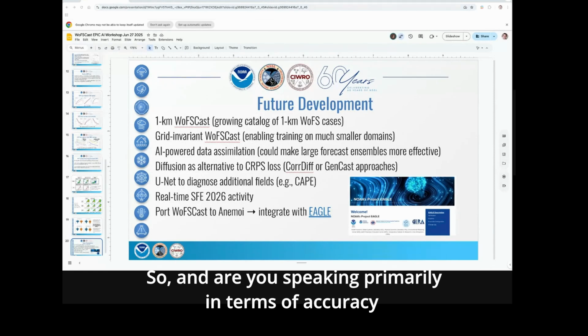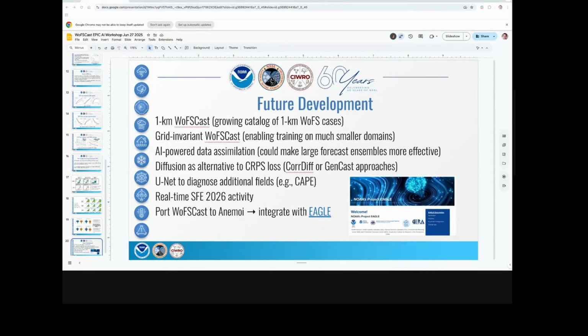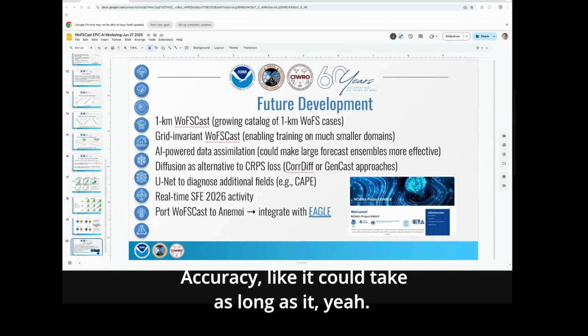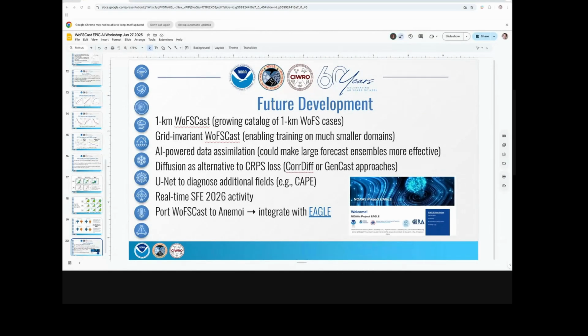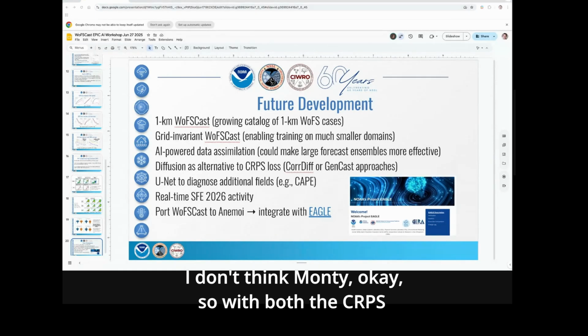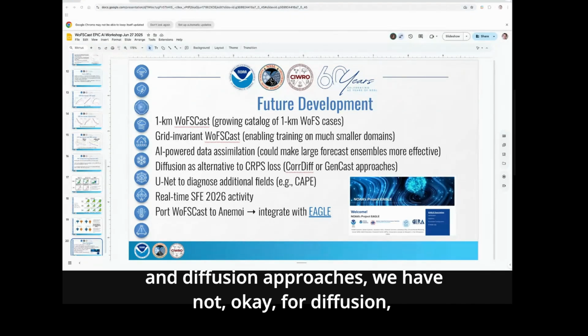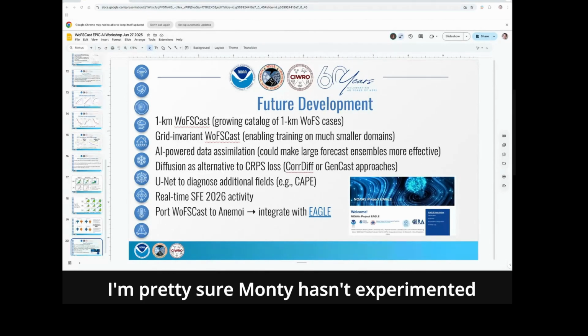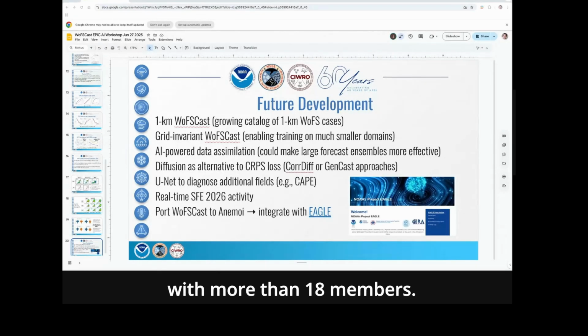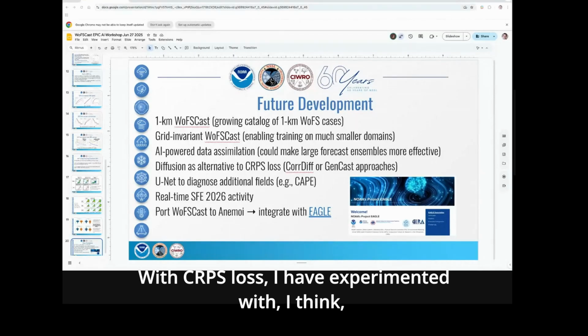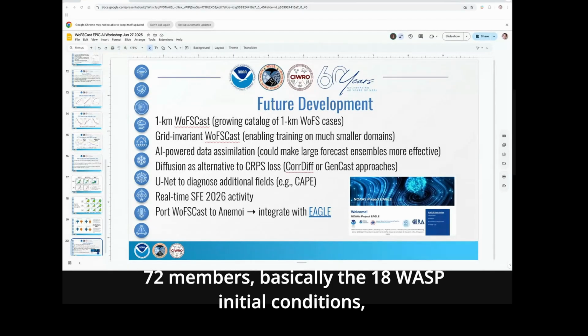Are you speaking primarily in terms of accuracy or computational limitations? Accuracy, it could take as long as it needs. Okay, so with both the CRPS and diffusion approaches, we have not. For diffusion, I'm pretty sure Monte hasn't experimented with more than 18 members. With CRPS loss, I have experimented with, I think, 72 members.